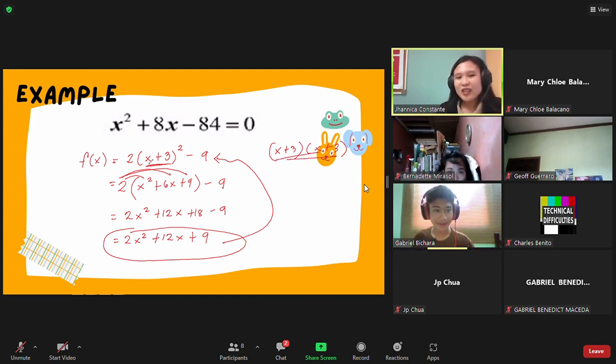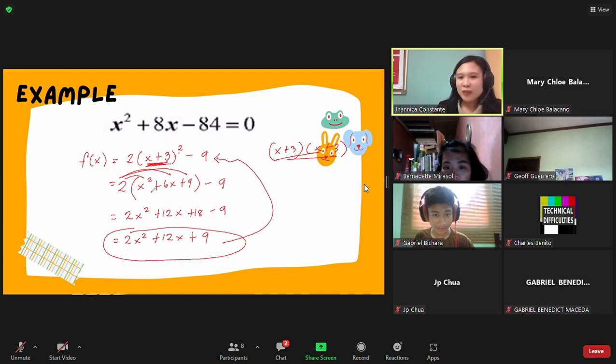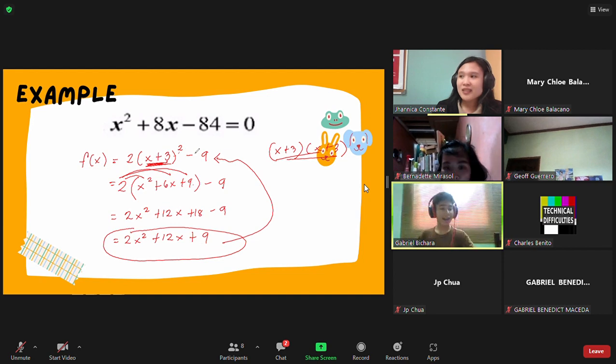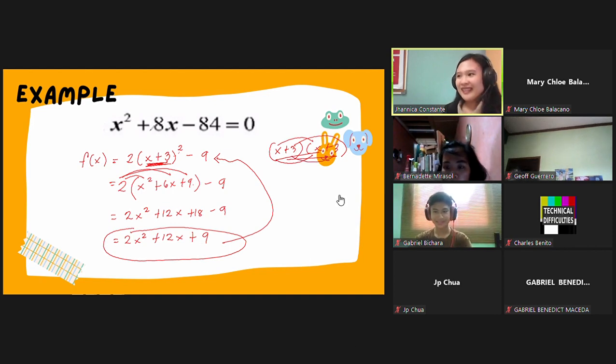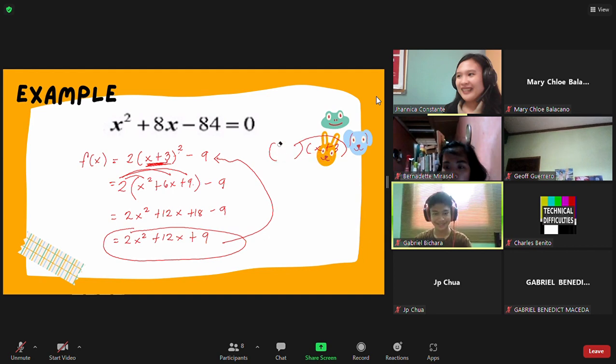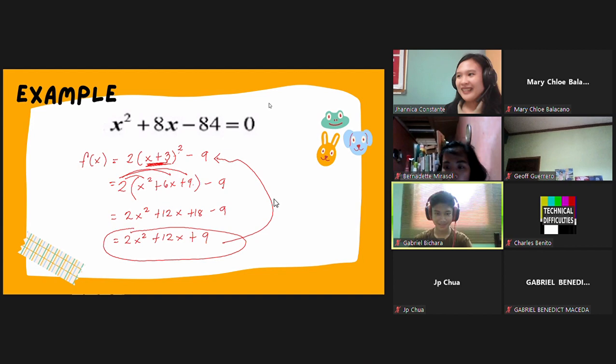It's to expand your (x plus 3) squared using the FOIL method, so you will have x squared plus 6x plus 9. I just wrote it there on the screen.